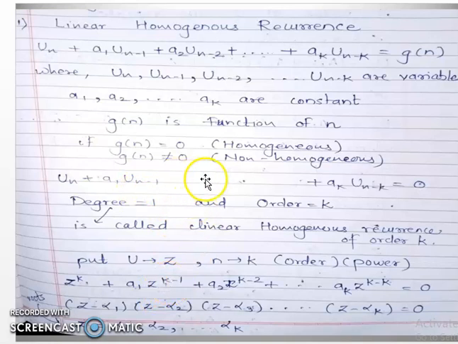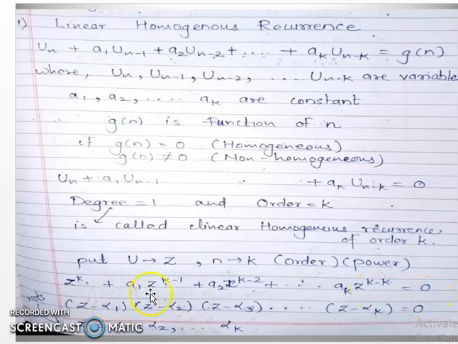Similarly, the next term a2 un minus 2 we write as plus a2 z raised to the power k minus 2, and so on. The last term ak un minus k we write as ak into z raised to the power k minus k. If we put n as k, then the power of z is k minus k, which is equal to 0, as it is.